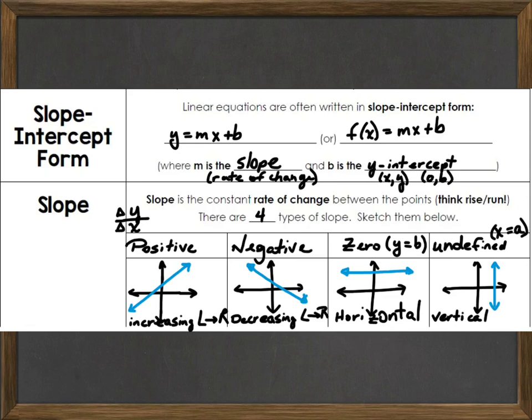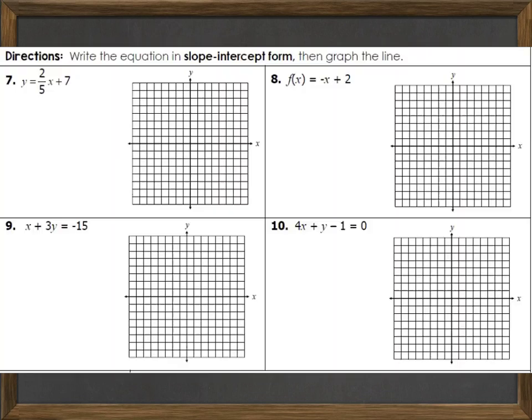So on our next slope, well, we've talked about slope and what it is. It's rate of change. We've talked about the 4 scenarios that we've got for types of slope. Now we're going to write equations in slope-intercept form. So we've got 4 equations here, and it says to graph the line. Well, the first one is already in slope-intercept form.